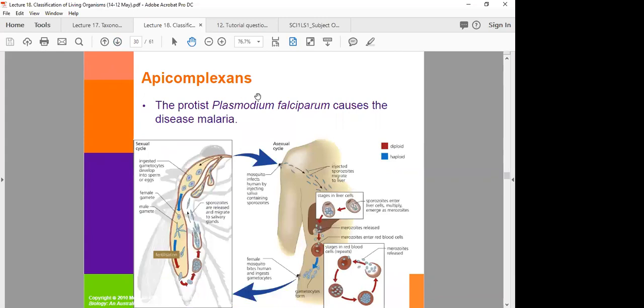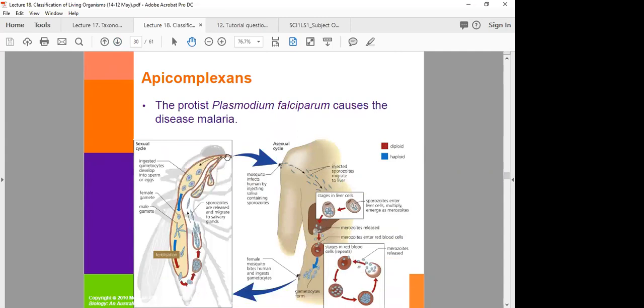All right, and I think this is our final example of a protist, quite a famous one, the protist Plasmodium falciparum. This is the causative agent of the disease malaria. Plasmodium has two hosts in its life cycle. It completes the sexual part of its life cycle in this mosquito called the Anopheles mosquito, and it completes the asexual part of its life cycle in liver cells and blood cells of humans.